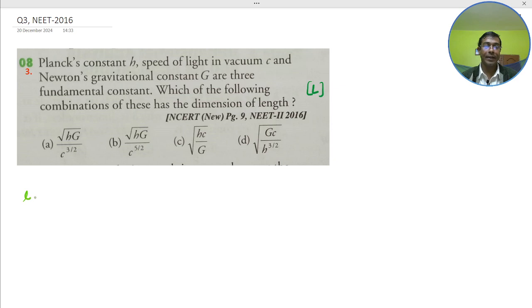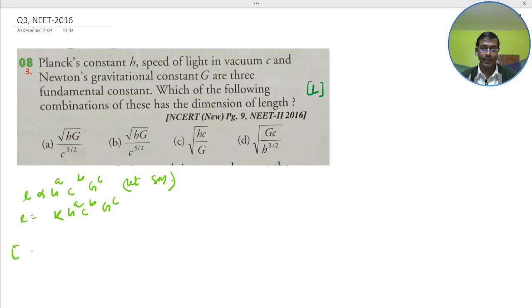Basically L is proportional to Planck constant to the power a, speed of light to the power b, gravitational constant to the power c, let's say. Now L equals constant h to the power a, c to the power b, G to the power c.